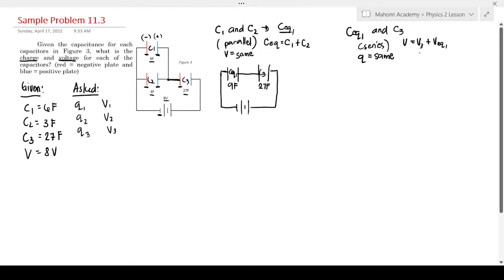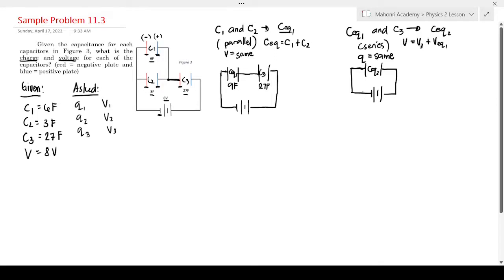So in order for me to measure all of this, I'm going to create an equivalent capacitance for our CEQ1 and C3, and we're going to name that our CEQ2, which is going to look something like this.